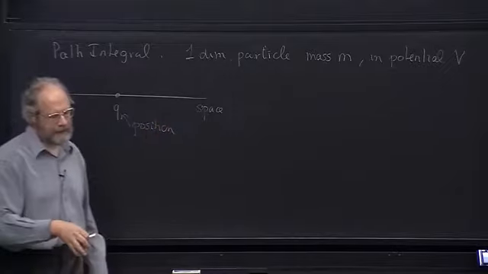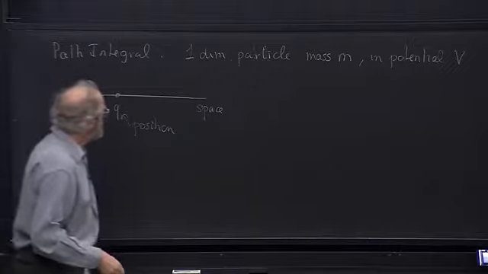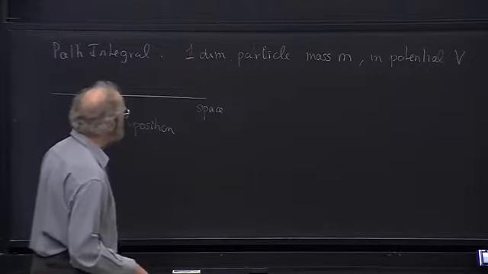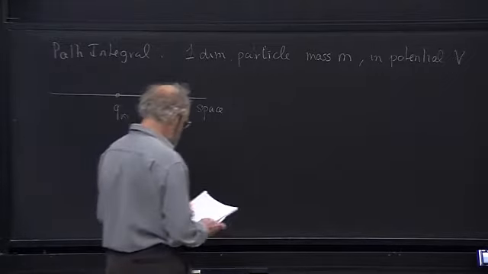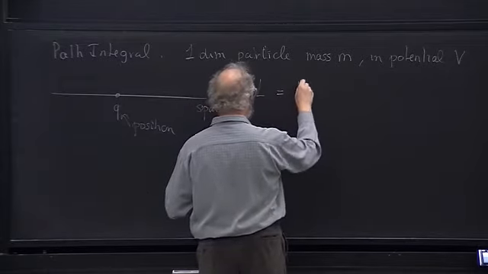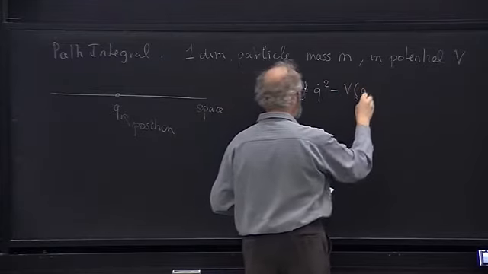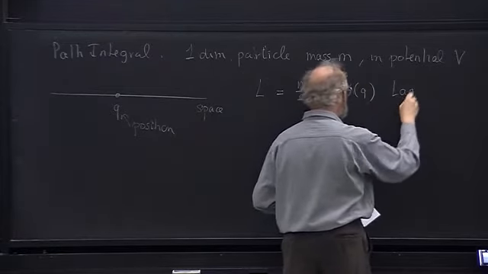So a trajectory is denoted by a function q of t. And for this system, the Lagrangian function is just m over 2 q dot squared minus V of q. This is the Lagrangian.